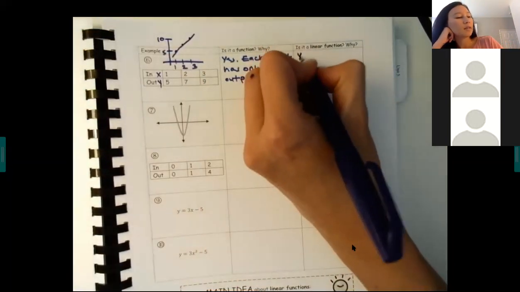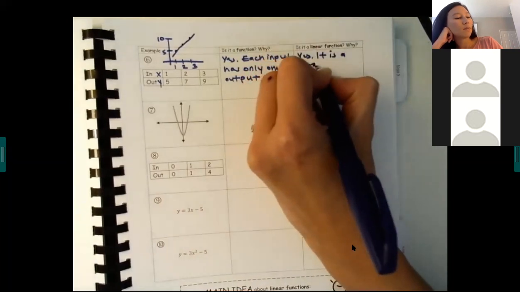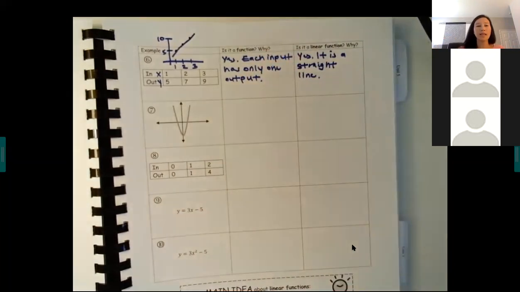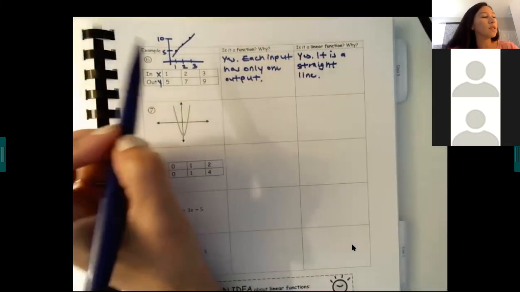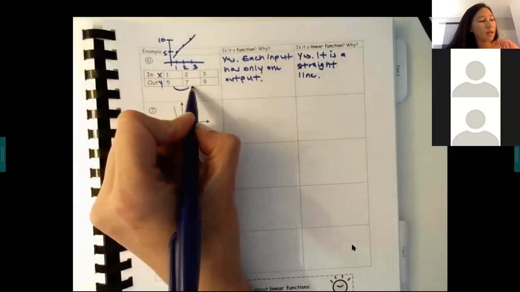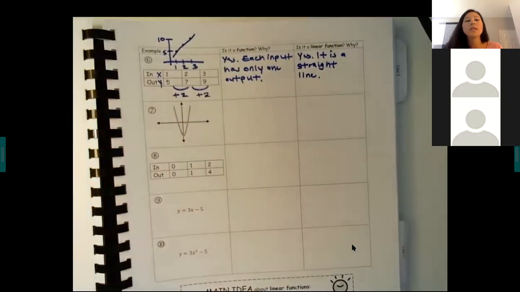So yes, it is a straight line. And we're going to be getting into this in Unit 3. If you've started, you've seen it, that if there's a constant rate of change, like we're adding 2 each time, then we know it's a linear function.